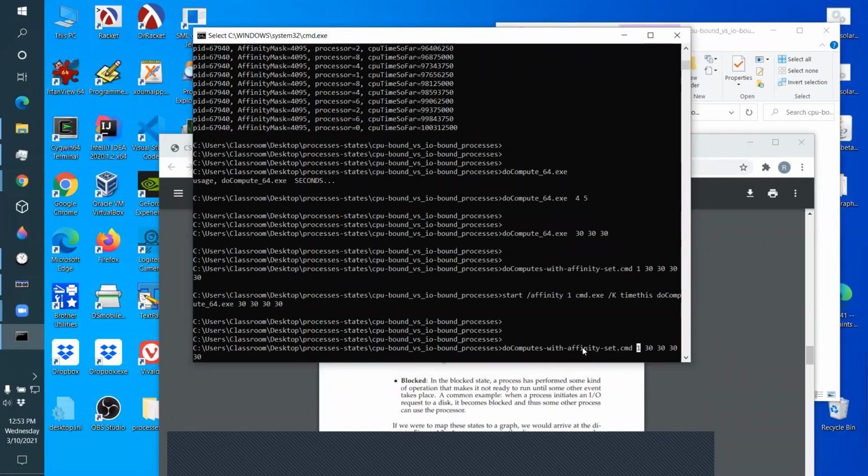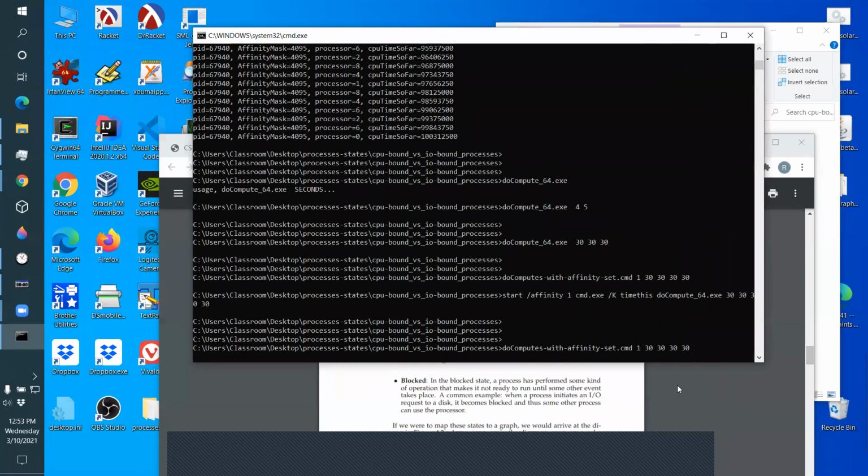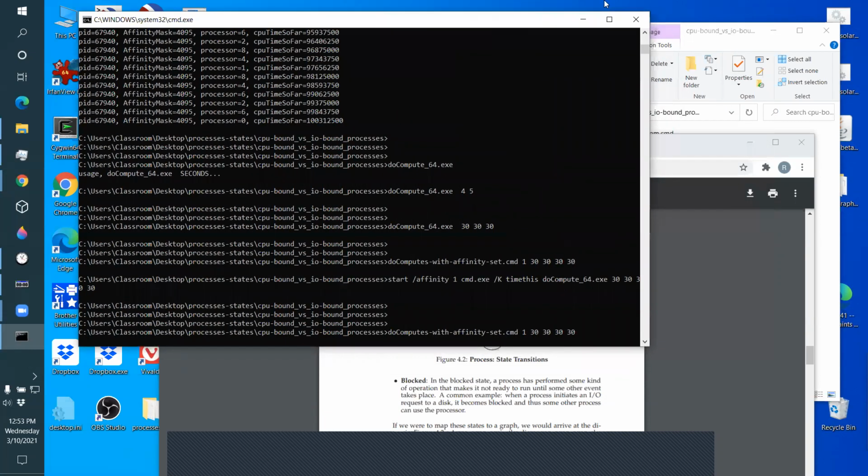That would make a nice experiment: run these things not only with the affinity set, but also with the priority set. Like, what would it look like if we ran one of these with high priority and three of them with a normal priority? We would probably see a difference in how they got scheduled. I'd have to read to see if you can do that from the command line.